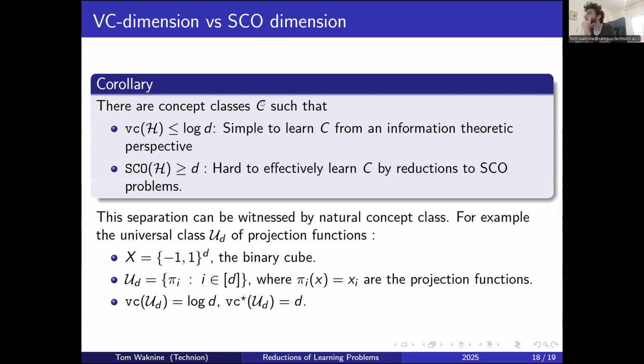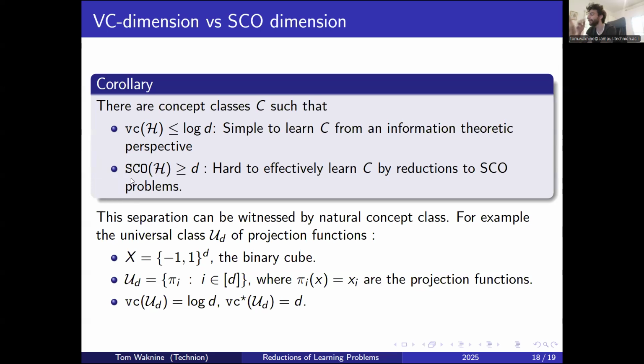And I guess the corollary of this result is that you have some concept classes which are simple to learn, in the sense that they have low VC dimension. The VC dimension is like log of D. Well, they are complicated to learn via stochastic convex optimization, in the sense that their SCO dimension is D. So you can think about D as something very large. So log of D is small, so we can learn H in a simple way, but the SCO dimension is very large.